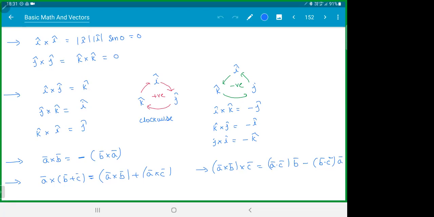Vector cross product, we'll finish off that and then we'll discuss the sheet today. Who else is missing? Sure, cams on everyone. So this is what we wrote last time.